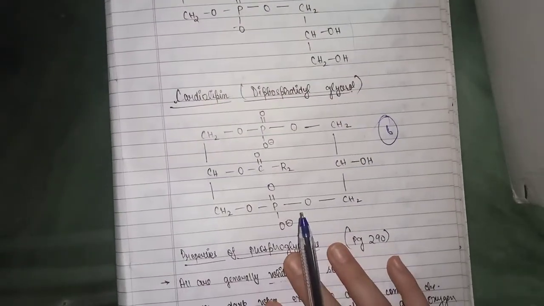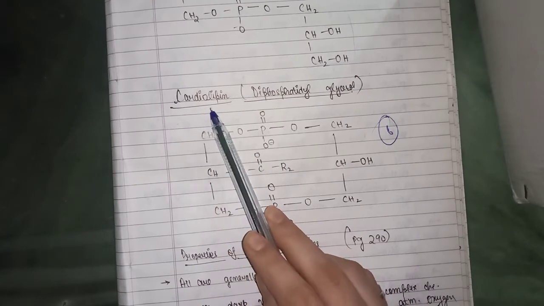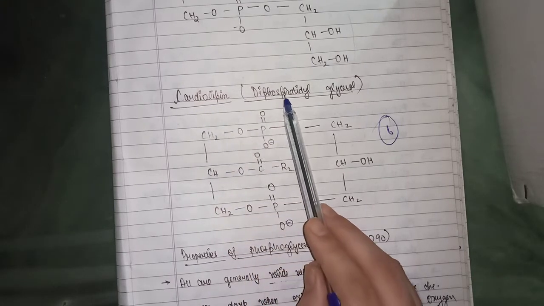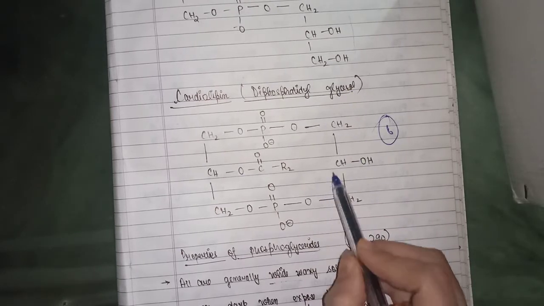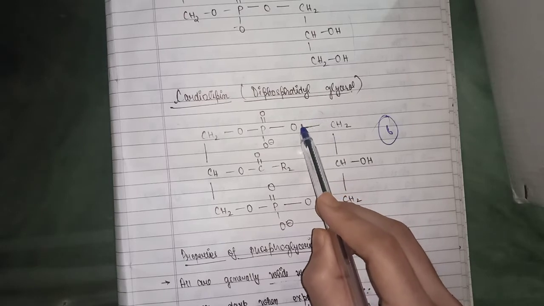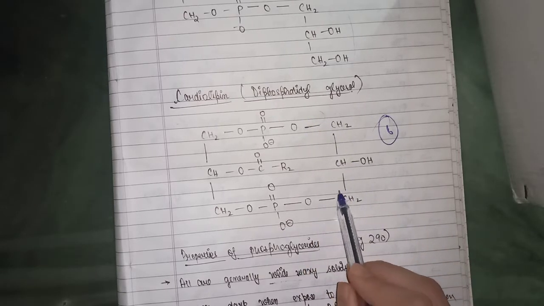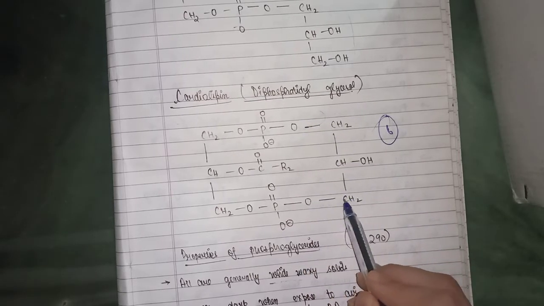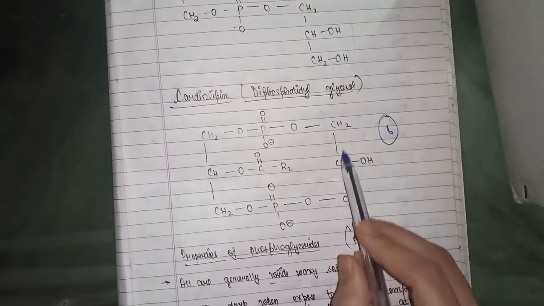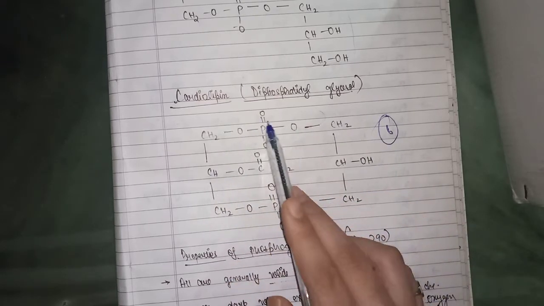Another example is cardiolipin, or diphosphatidylglycerol. Here the OH of the first and third positions of the glycerol is replaced to become this diphosphatidylglycerol.